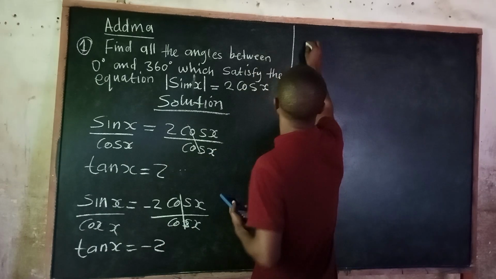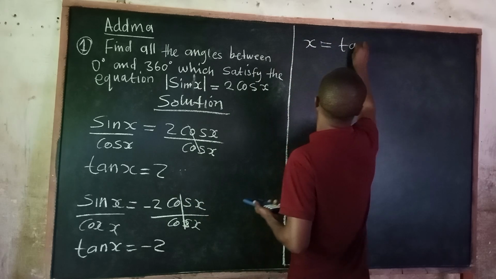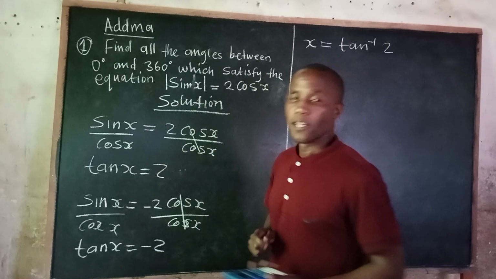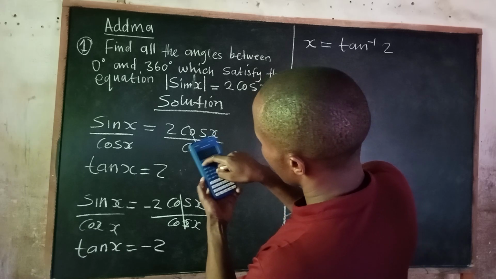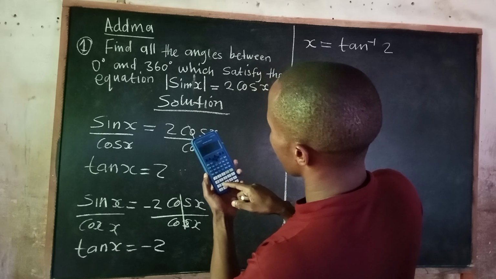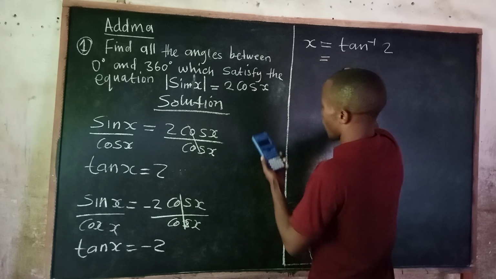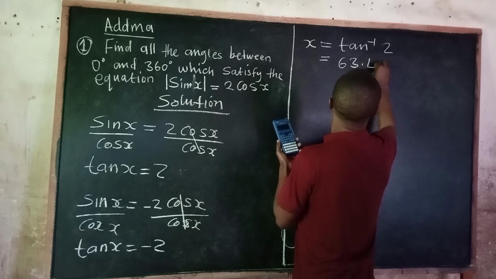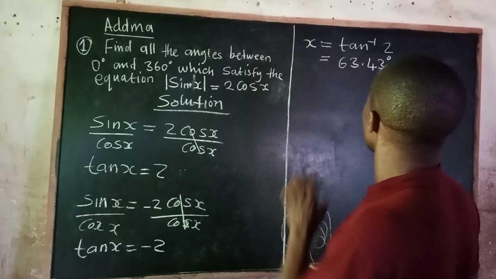To find angle x, we say x equals the inverse function of tan 2. You shift the calculator, press shift, then tan, then write the number which is there. This gives us 63.43 degrees. That is our first angle.